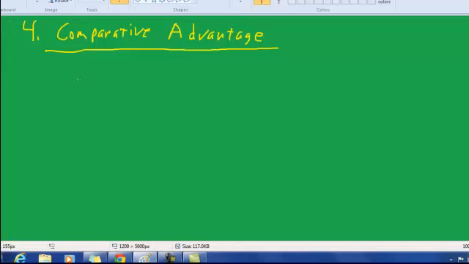Even if she's really terrific at mowing lawns, can mow a lawn twice as fast as the fastest person she could pay to mow a lawn, should she mow a lawn? The answer is no. So the simple principle of comparative advantage is a surgeon should not mow her own lawn. And I think we understand why.